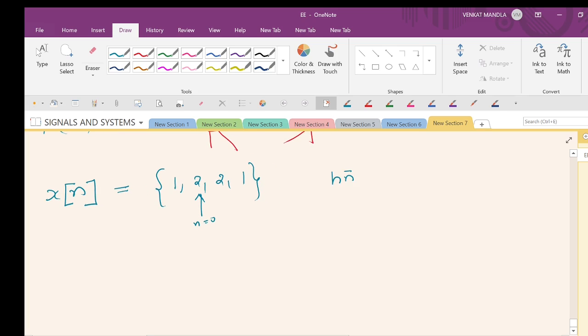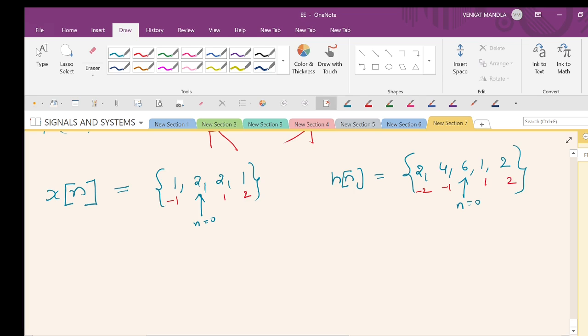Then let's say h of n is 2, 4, 6, 1, 2. This starts at n equal to 0 here. Okay, the extreme limits: for x it is n equal to minus 1 to plus 2, and for h it is minus 2 to plus 2.